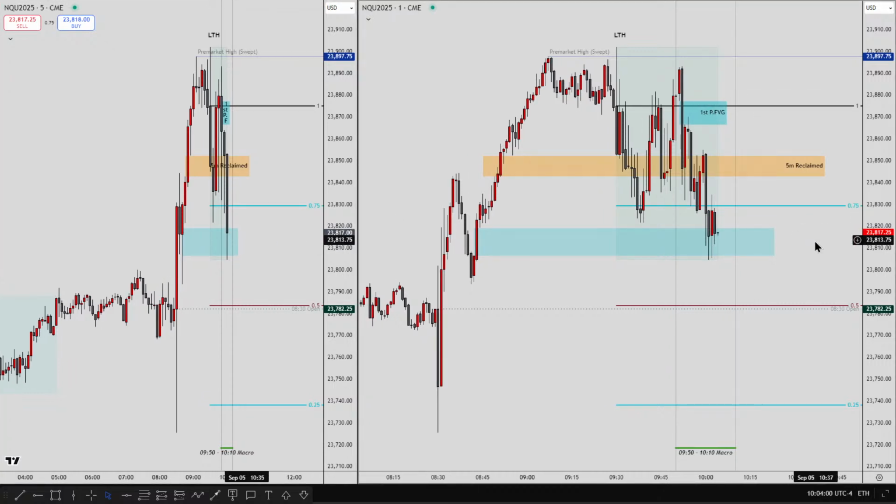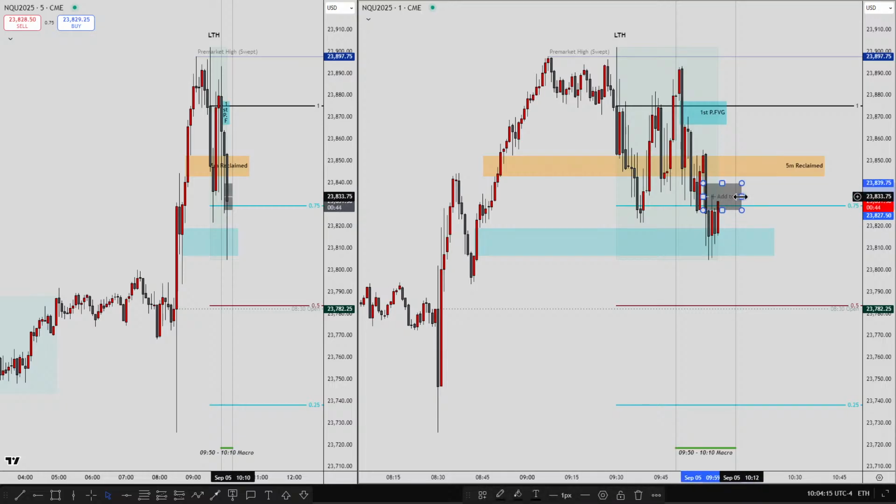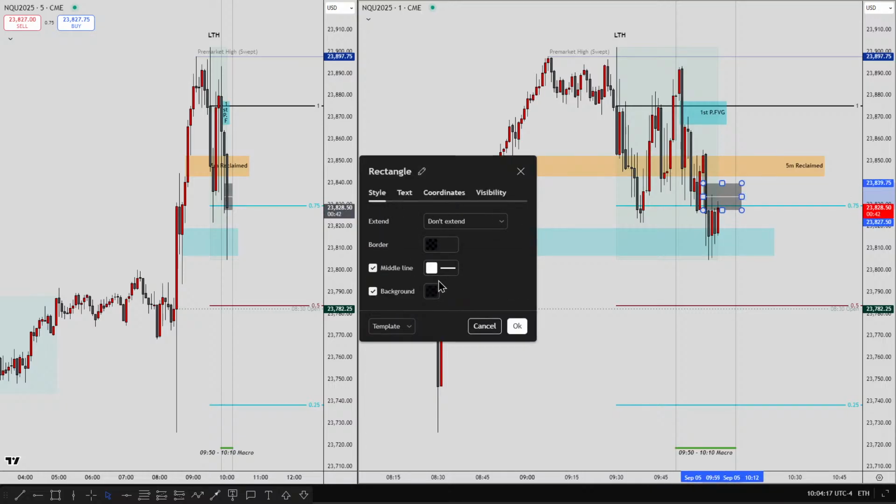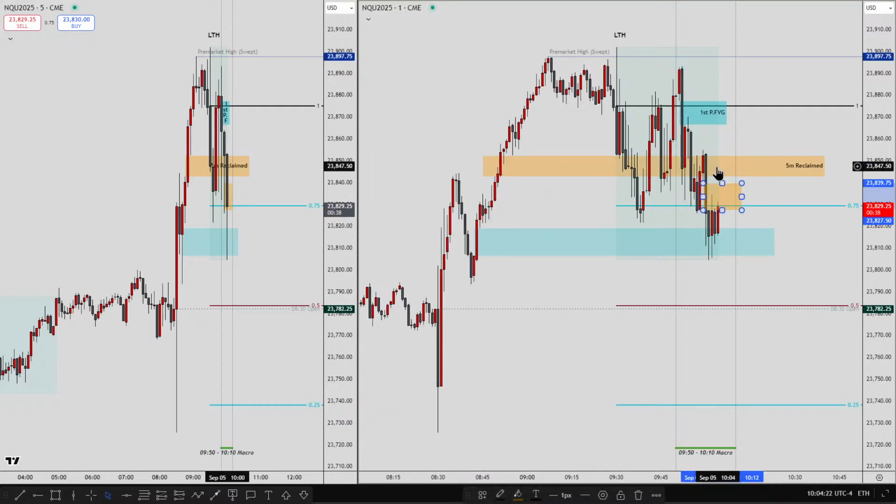So if I'm looking for that to get traded into now, I want to see something inverted and a market structure shift as well. So if that becomes a shift in market structure, that'd be really good. And if that becomes an inversion fair value gap, that would be really good. But I would want both of those things to be present in price, because it can trade above this and then quickly trade below.